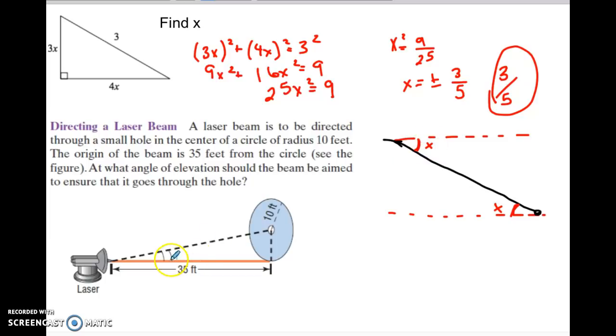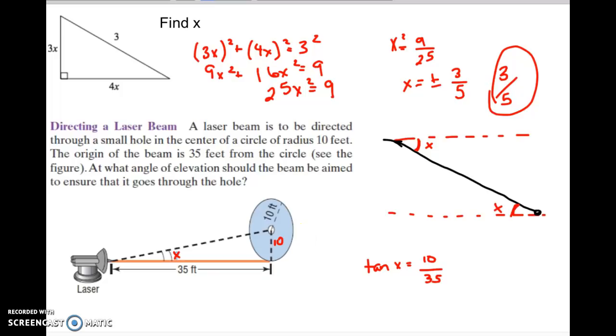Now in this problem, they actually labeled it for you, the angle of elevation looking up. This 10 is the radius of the circle, so we know that's 10 also. So in this one, I would say tangent of x equals 10/35. You don't know the hypotenuse, so you can't use sine or cosine, but we do know the opposite and the adjacent, so we use tangent.